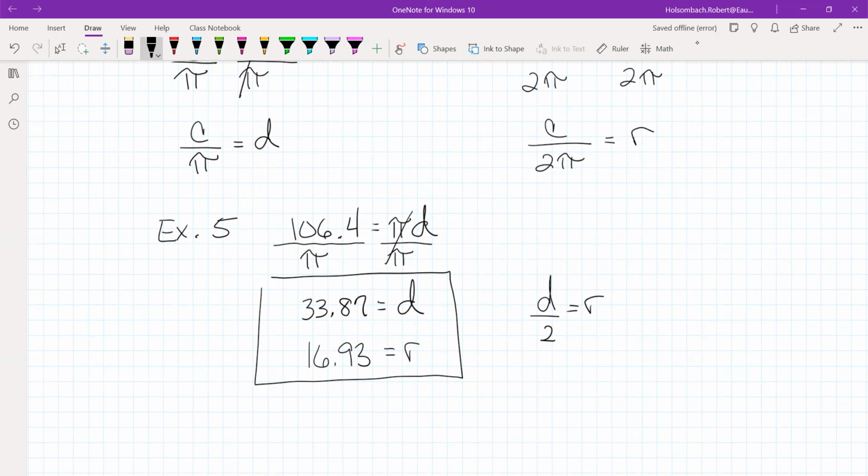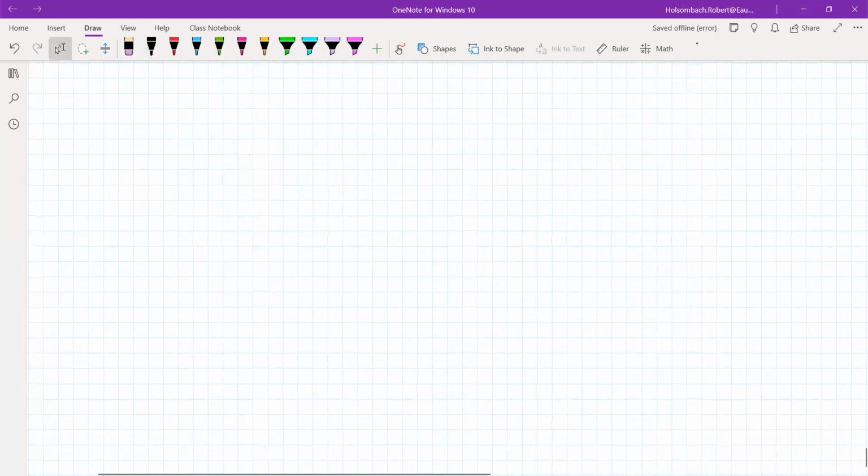All right, and finally, we're going to look at shapes inscribed in a circle.